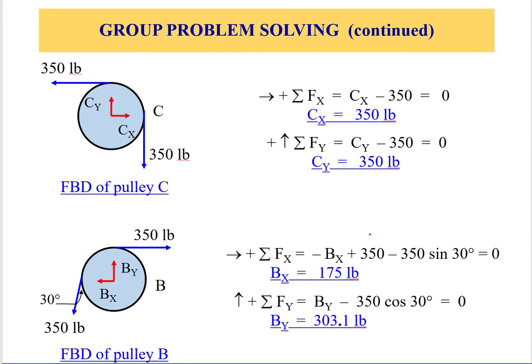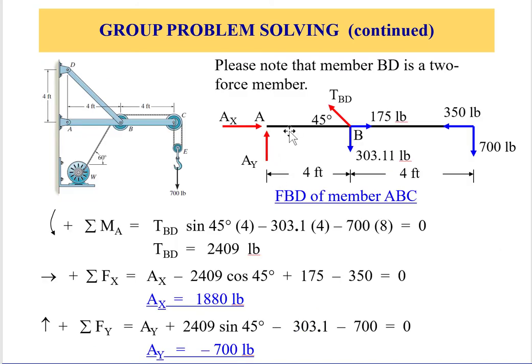Okay. Now once this is all done, we know the reaction forces at these two pins, and now we label them on the frame AC. Now remember, frame AC consists of the following. We have the unknowns AX and AY.